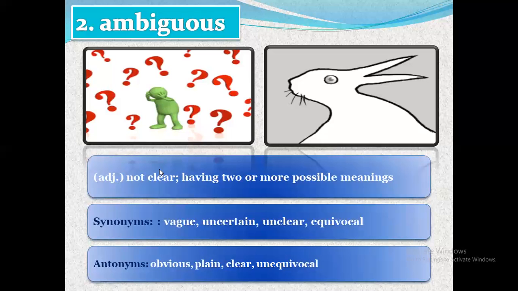Of course obvious will be one of the antonyms, and then also we have plain, clear, and unequivocal. We said when we have the two letters at the beginning, we call it prefix. In this prefix un, it means not equivocal, which is not hard or difficult to understand.